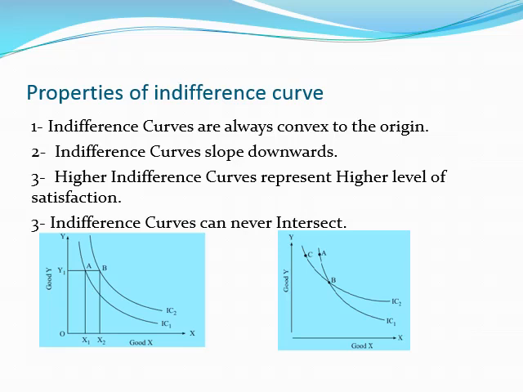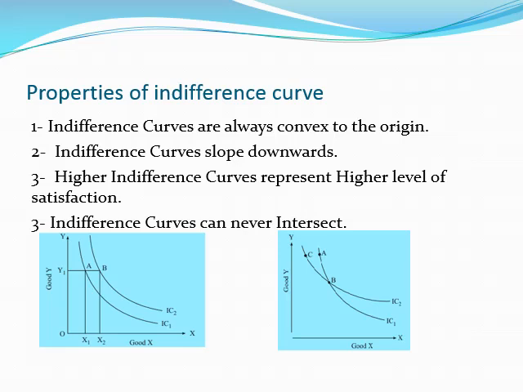Okay. Indifference curves can never intersect. Graph 2 shows that this is not acceptable, the intersection between two indifference curves. Why?